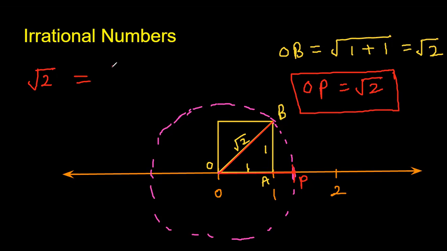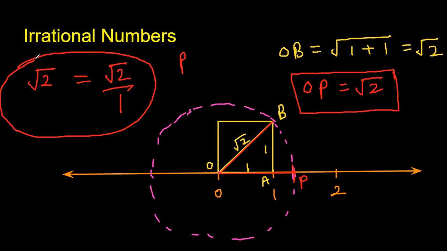Square root 2 can be written as square root 2 by 1. Now see, this is not in the p by q form, because p is not an integer. That means there is another family of numbers that lives on this number line, which are called irrational numbers.